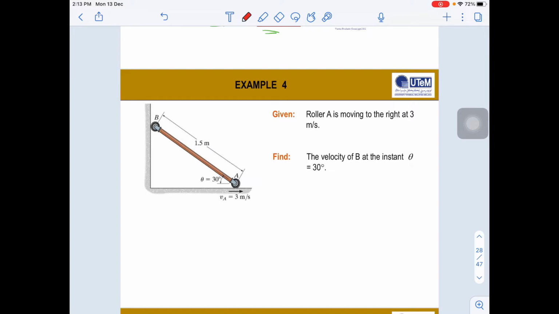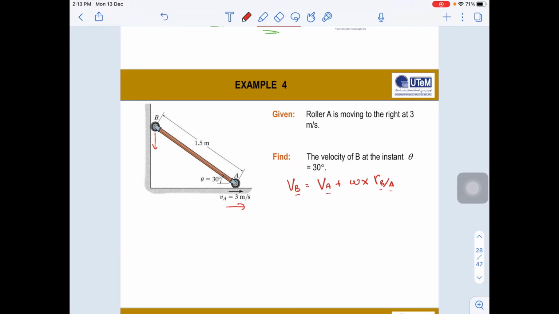Roller A is moving to the right at 3 meters per second and we will find the velocity of B. When A goes to the right, B will go down. Find the velocity of B when theta is 30 degrees. You can use the equation from before: VB equals VA plus omega cross product RB/A.